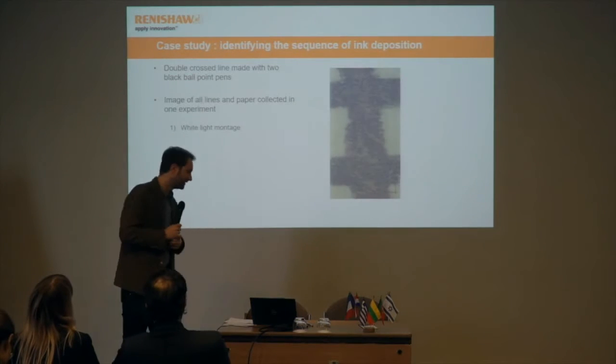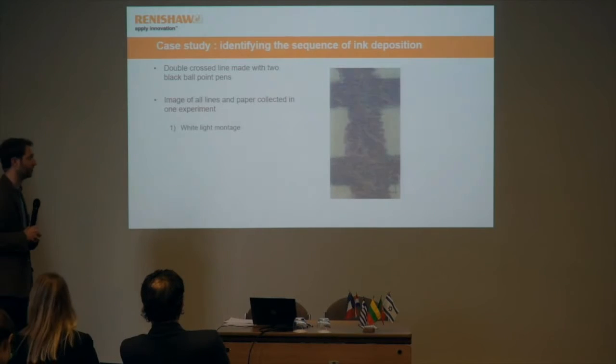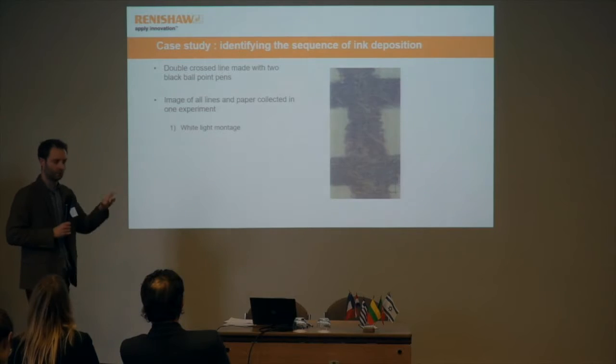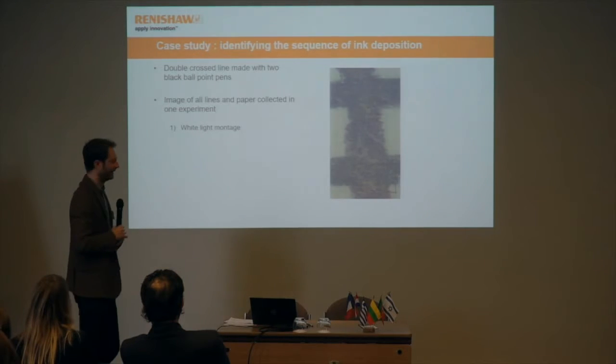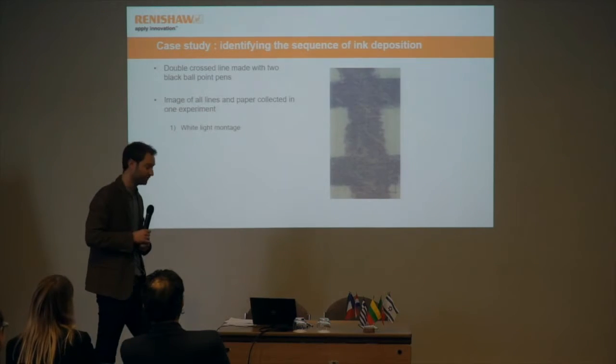So on this example that we've done ourselves, this is the white light image of the crossed ink. Really, this is a reflected one, without polarization, nothing. It's quite tricky to differentiate which one is on top of the other and whether they are the same ink or not.